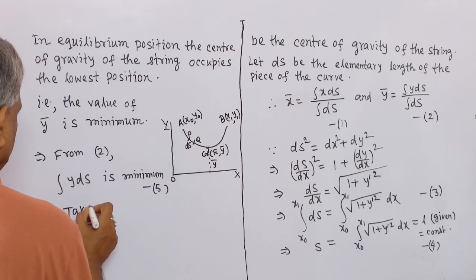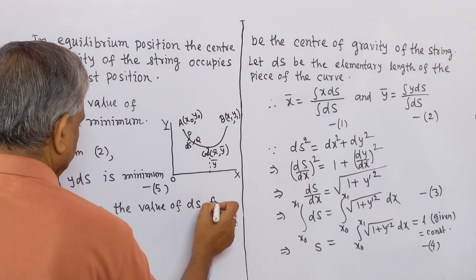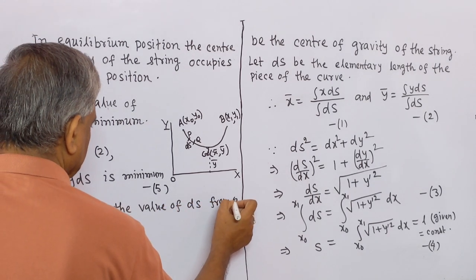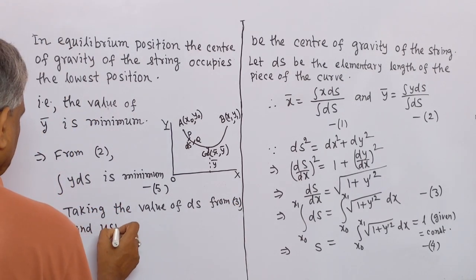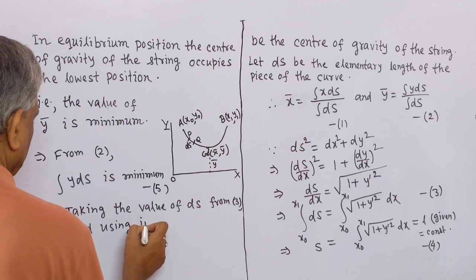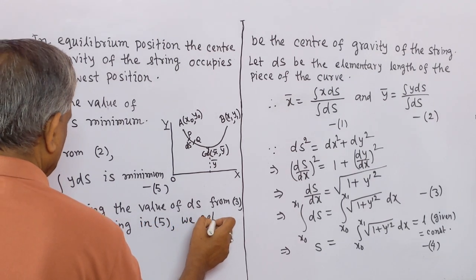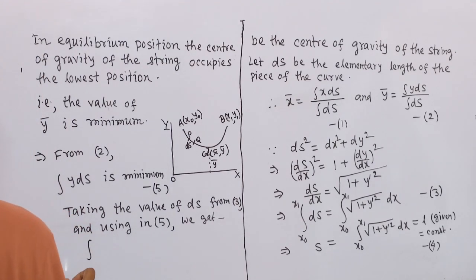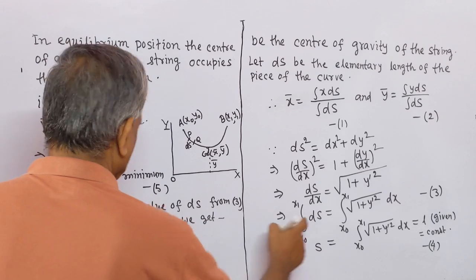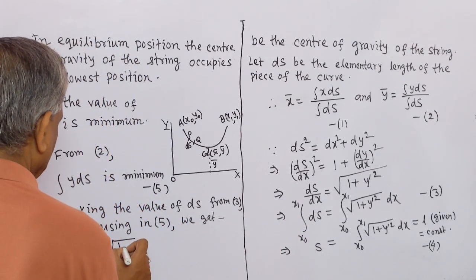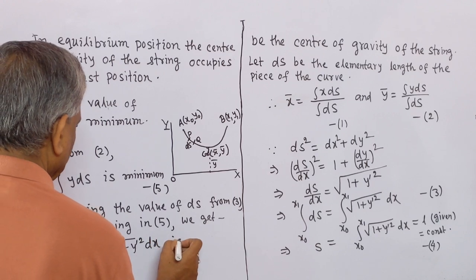Taking the value of ds from 3 and using in 5 we get integration y square root 1 plus y prime square dx is minimum.